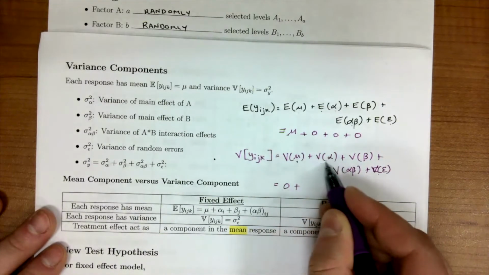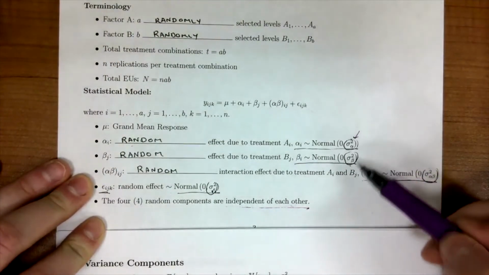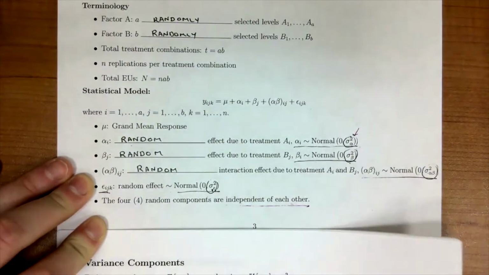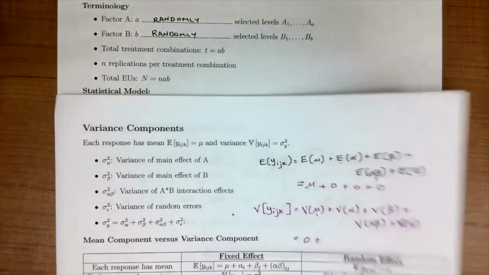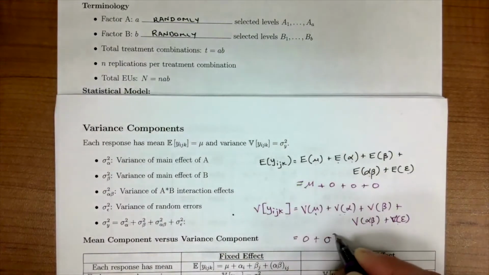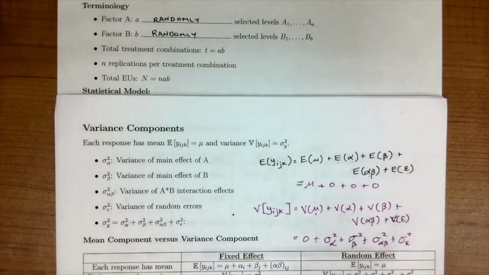And then when we look at the variance of alpha, beta, our interaction and our epsilon, it's just coming from these terms right here. So what do we expect the variance to be? It would follow these terms, and that's why the variance of our y is equal to the sum of these variance components, plus epsilon.